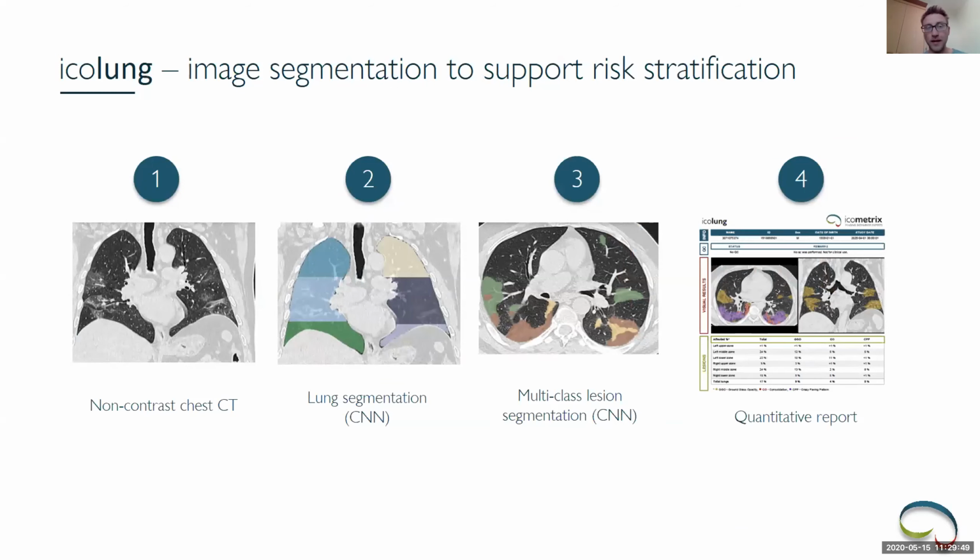So from that perspective, within the ICOVID consortium, which consists of different academic centers, like the University of Brussels, also the University Hospital of Brussels, and other universities, together with also some companies like we at Icometrix, we have been working on developing a software, which we have called icolung, which at this moment does the segmentation of the images.